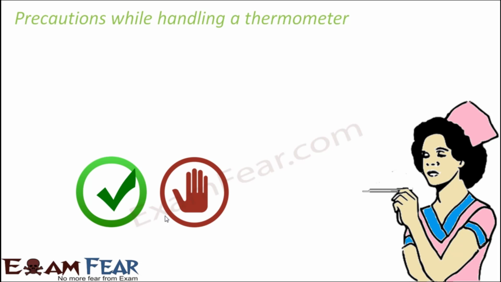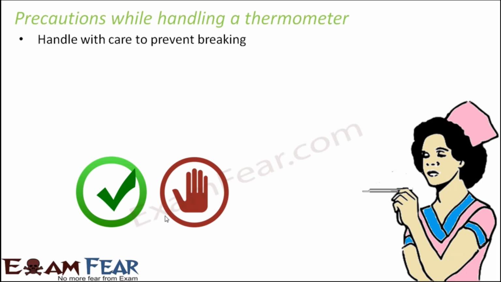As soon as you keep it there, the bulb of the thermometer gets heated up because the body is already hot. When the bulb gets heated up, the mercury expands and the mercury level rises in the thermometer. Then we take it out from the tongue or from the underarms, and then we read the thermometer as I explained in the previous slide. So that is the process of measuring temperature using a thermometer.